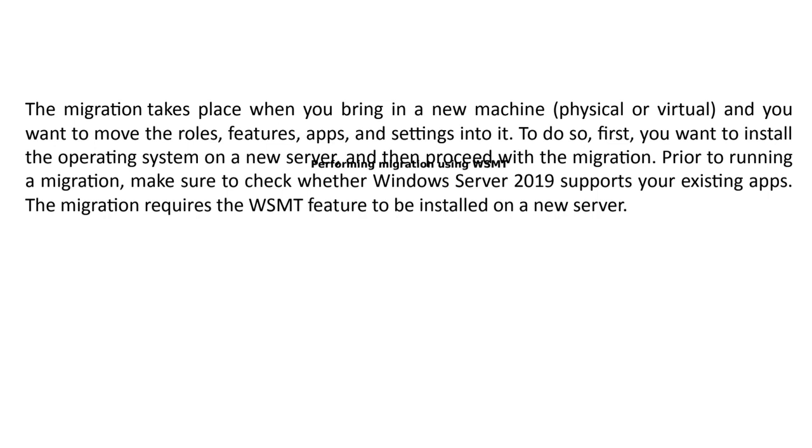Second step, I have to check, make sure that whatever is installed on the old server will work on the new server. Some programs will not work. I have to check, ask the vendor. Then we run the migration. To migrate means to move from this one to the new server. It will migrate everything for you, so you don't have to install it again. Is it clear? Any questions?